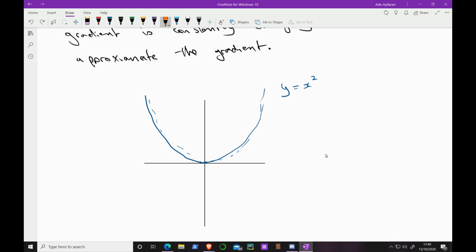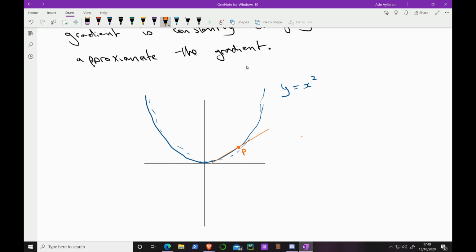Let's use orange. Say we had a point P, and that point P basically lay on the line like that. So this is our point P.